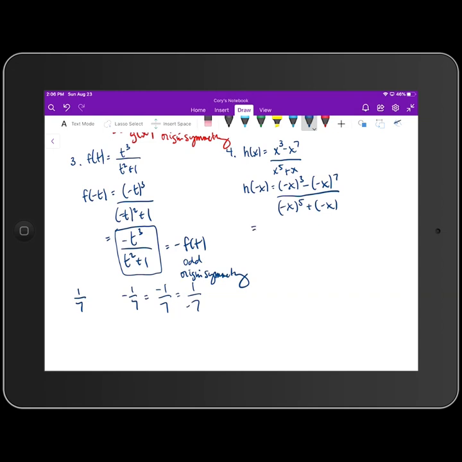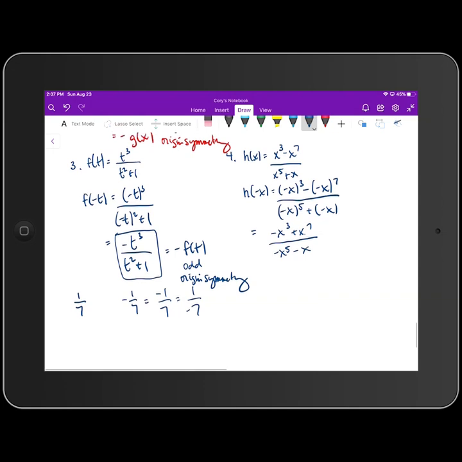So let's see what this becomes. Negative x raised to the 3rd power is negative x cubed. The opposite of negative x to the 7th is going to become plus x to the 7th over the opposite of x raised to the 5th power, negative x to the 5th, plus the opposite of x, that's minus x.